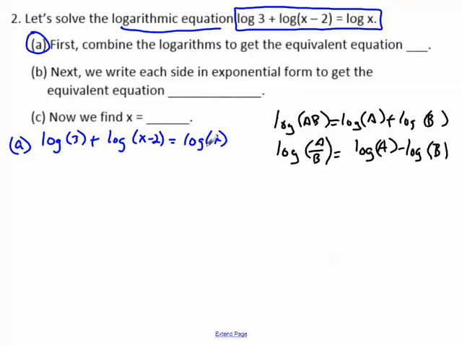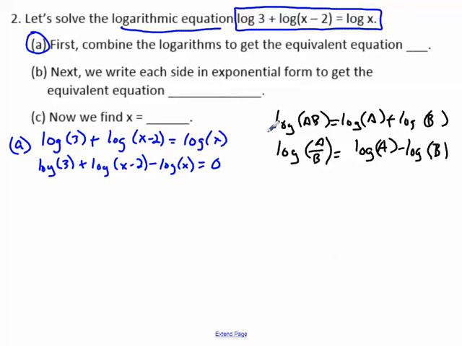So let's combine what's in blue over here using the rules in black. Let's say log of 3 plus log of x minus 2 minus log of x. All we're doing is moving that log of x over to the other side by subtracting it on both sides.